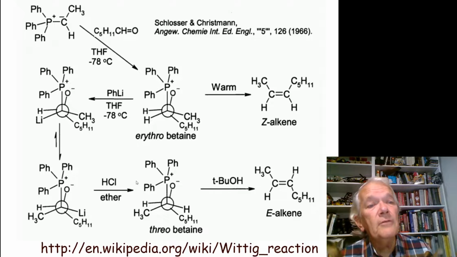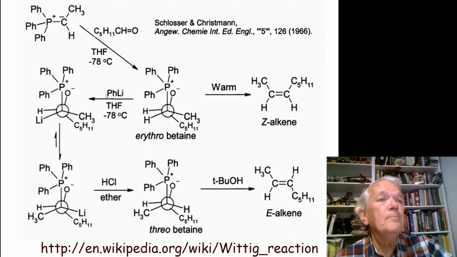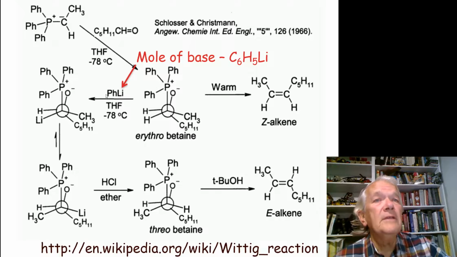So it flips over to the trans isomer in that four-membered ring, which ultimately gives you the E alkene. That's the theory anyway. But basically you throw in an extra mole of a lithium compound, and you've got your E compound. Now it says phenyllithium here, but you could use another mole of butyllithium, and Oscar uses butyllithium. So 1 mole of base, phenyllithium.